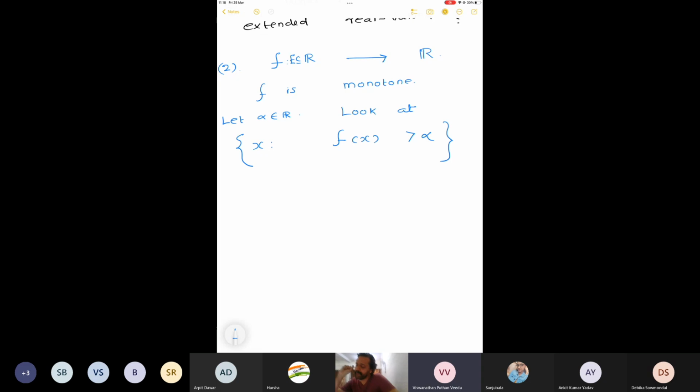Suppose you have a particular x for which f of x is greater than alpha, and suppose y is greater than or equal to x, then f of y also will be greater than alpha. Isn't it? I repeat, suppose you have a fixed x naught for which f of x naught is greater than alpha.